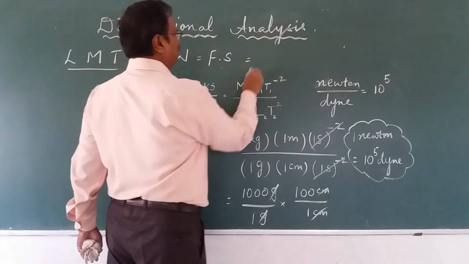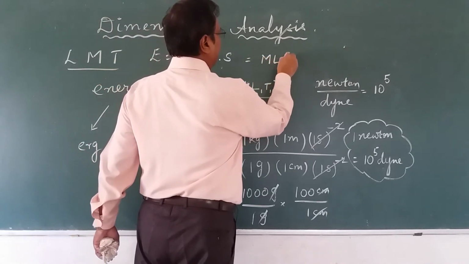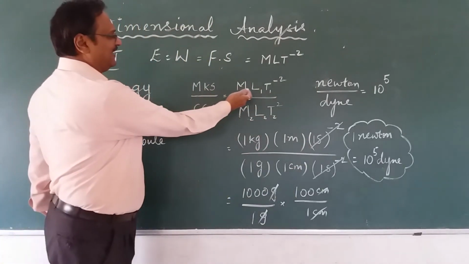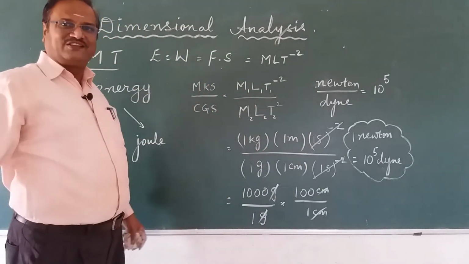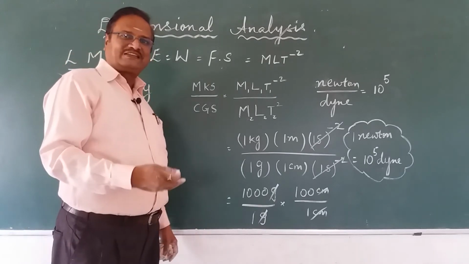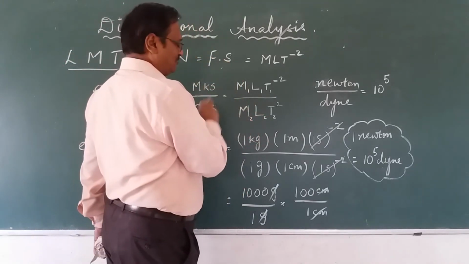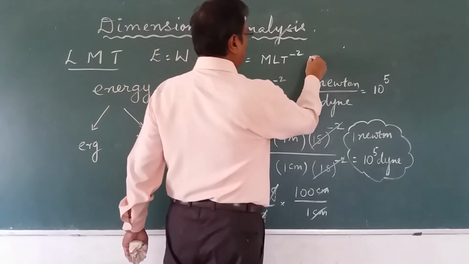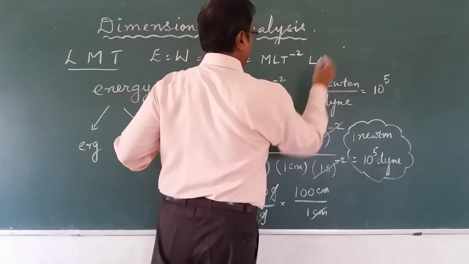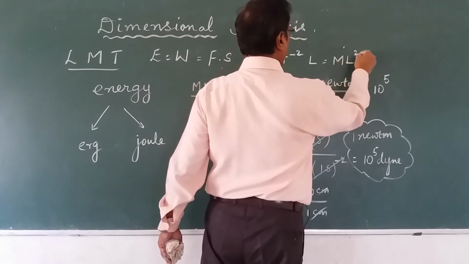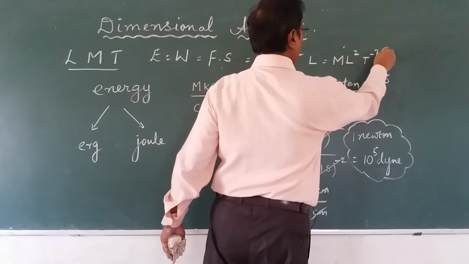That is equal to M L T power minus 2. Sir, how do you know this? Because already I have it here. When you go on practicing some of the basic units, you will be able to remember. S stands for displacement, that is L. That is equal to M L power 2 T power minus 2.